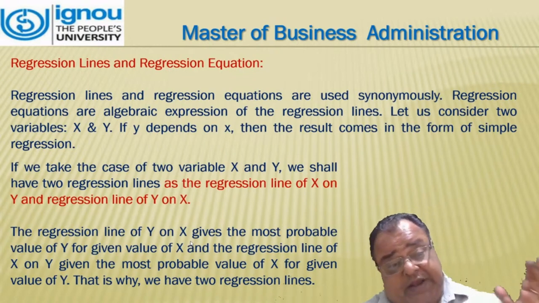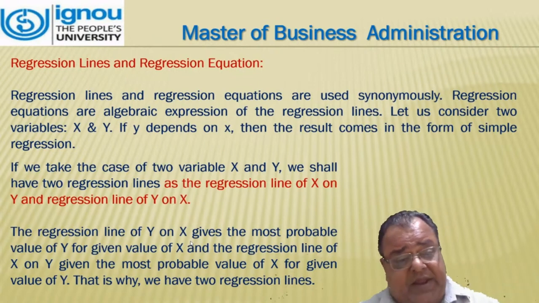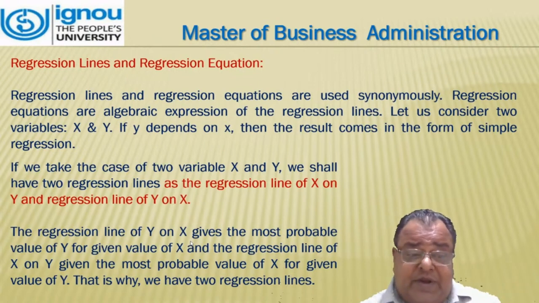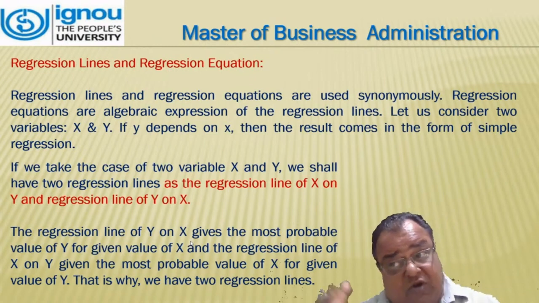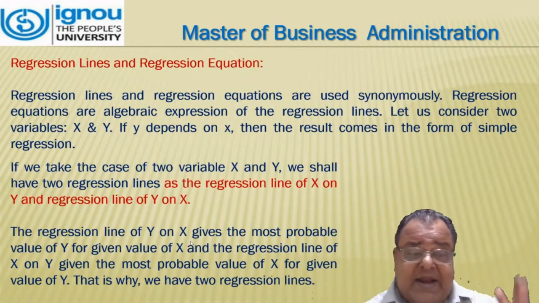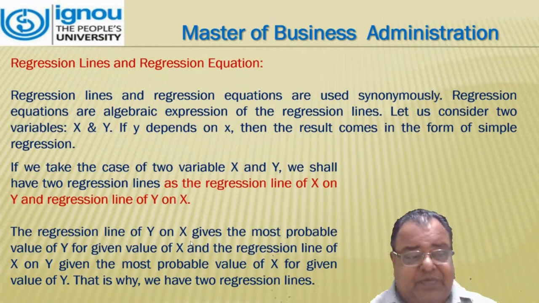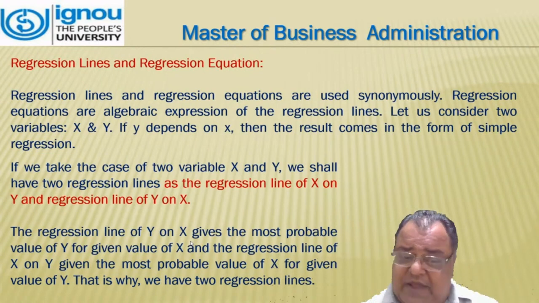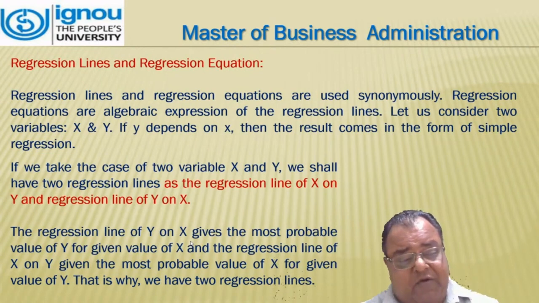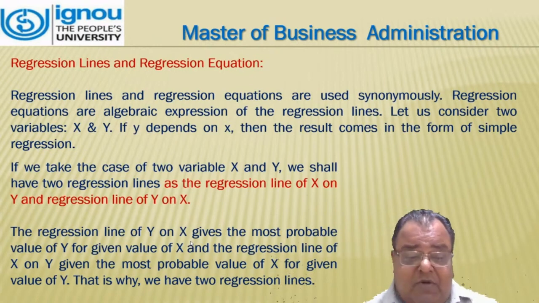But if we take the case of two variables x and y, we shall have two regression lines: the regression line of x on y and similarly the regression line of y on x. The regression line of y on x gives the most probable value of y for a given value of x, and the regression line of x on y gives the most probable value of x for a given value of y.